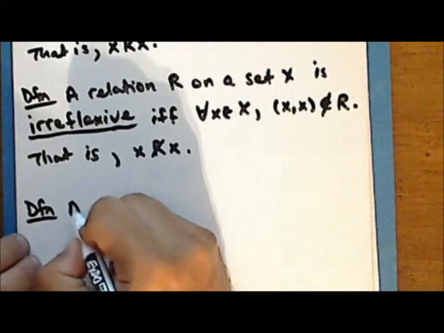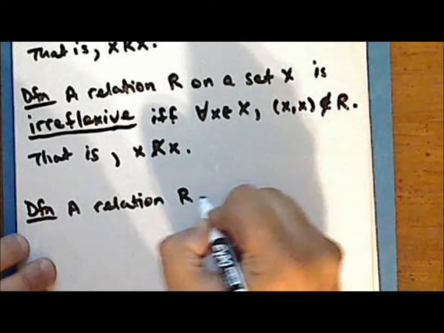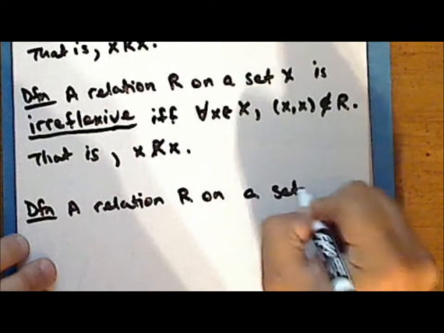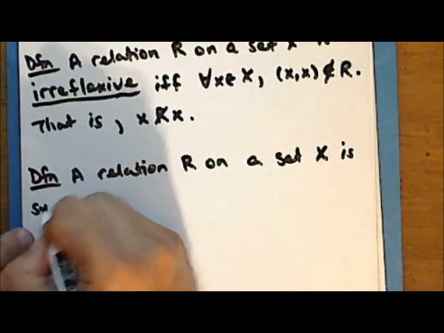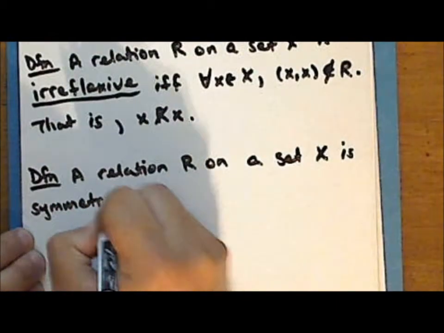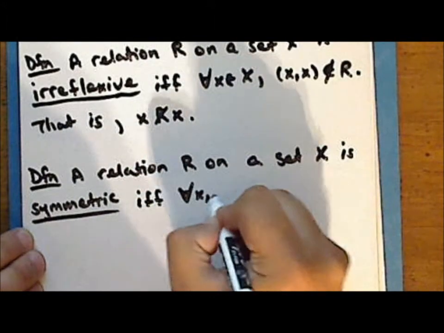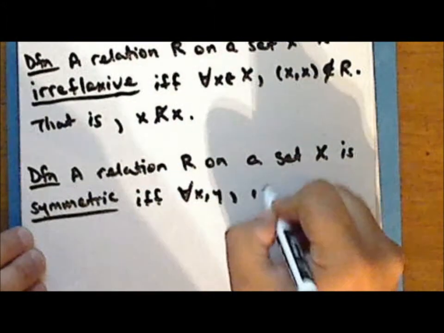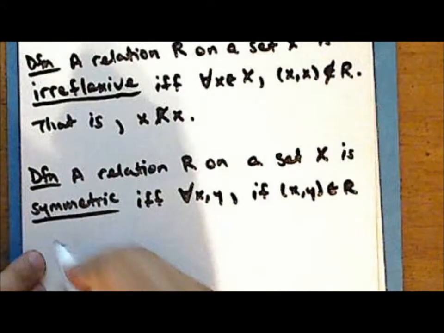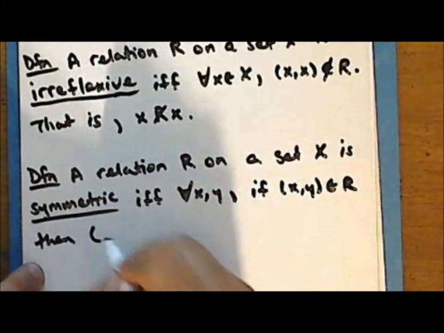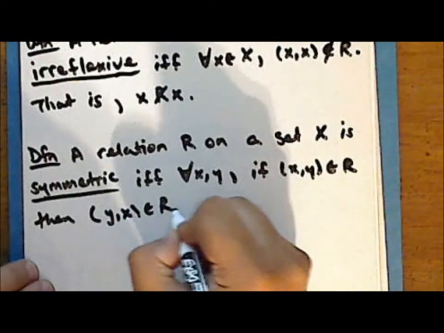New definition: a relation R on a set X is symmetric if and only if, for every pair of elements X and Y, if the ordered pair XY is in the relation, then the ordered pair YX is also in the relation.